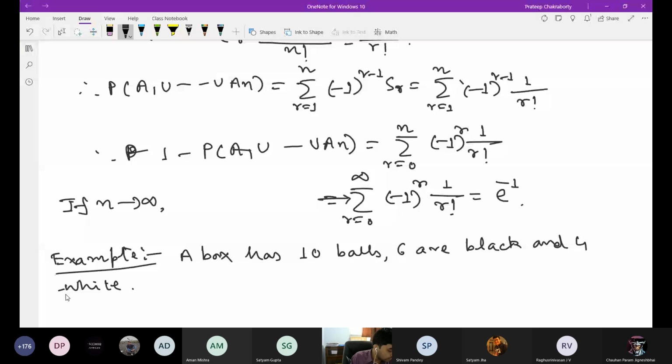Okay, sorry, there is something else I forgot to write. Just 1 second. Just see from the book. Three balls are removed from the box.